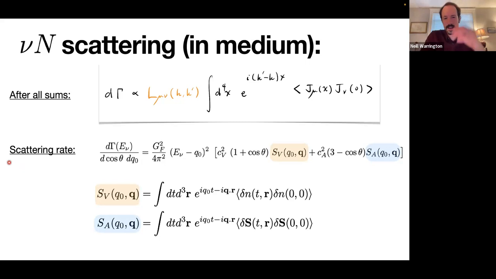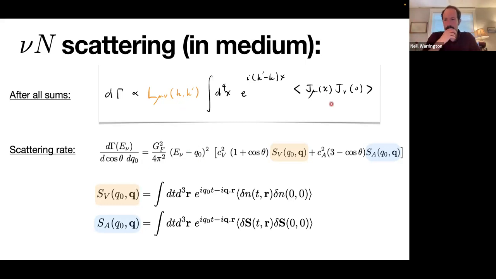All right, so if you do this carefully and actually write out the leptonic currents and stuff, the scattering rate looks like this. This is the differential scattering rate for scattering into an angle theta and giving up an amount of energy Q0. It looks complicated, but basically these cosines come from this leptonic object. So does this prefactor.